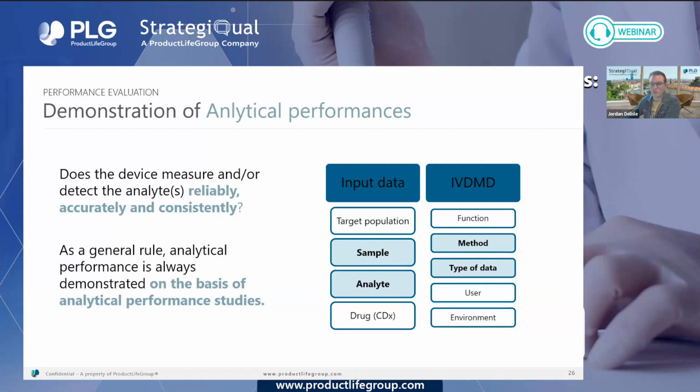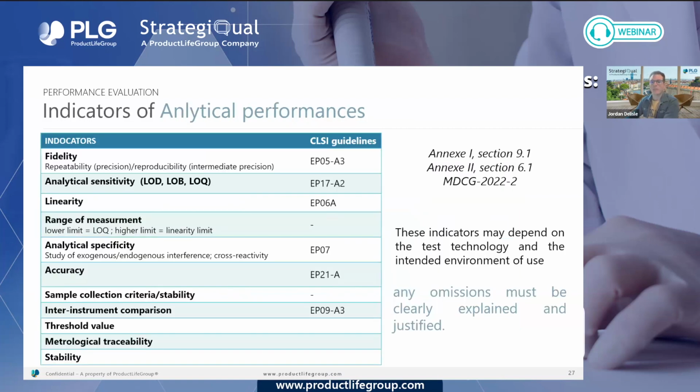Section 9.1 of Annex 1 in the IVDR, which I invite you to consult, lists analytical performances to be assessed by the manufacturer. In particular, the IVDR mentions analytical sensitivity, precision, accuracy, analytical specificity, measurement range, linearity, etc.